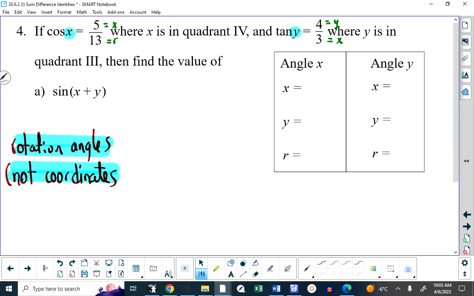For angle x, coordinate x is 5 and r is 13. Finding the value of y, the coordinate y for angle x, should be child's play. We'll get to that in a second. For angle y, y is 4 and x is 3. Is that correct?